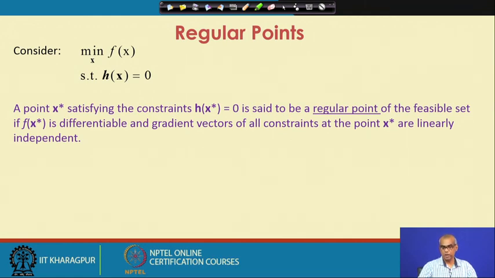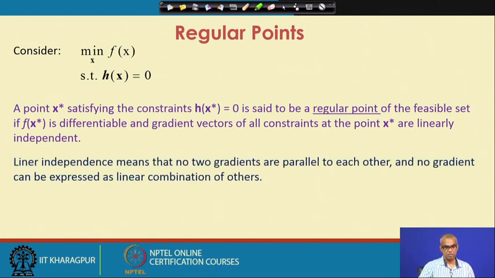So, the regular point is a feasible point where the gradient vectors of all constraints are linearly independent. So, what does linear independence mean? The linear independence means that no two gradients are parallel to each other and no gradient can be expressed as a linear combination of others.